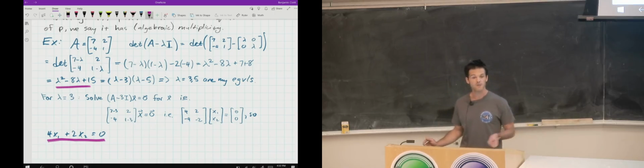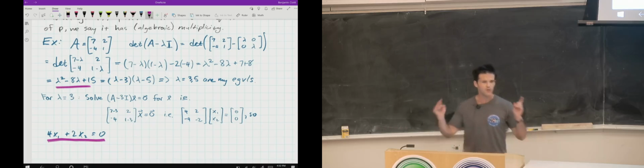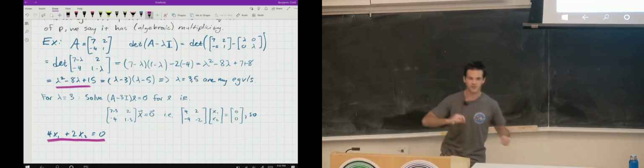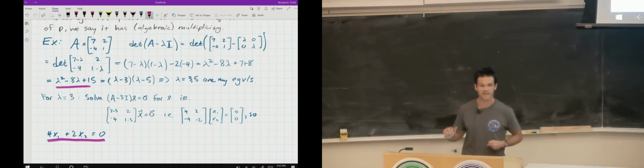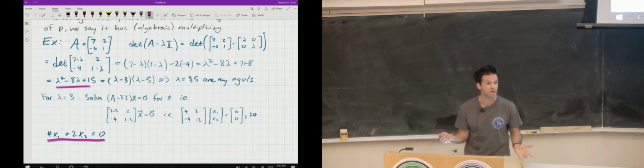Oh, but remember what I was saying? You can always multiply an eigenvector by a non-zero constant to get another eigenvector. So there's a level of arbitrariness in this answer. There's actually an infinite number of correct answers, and the way you find it is just pick one. So just pick a non-zero value for one of these variables, and see what the other one is.